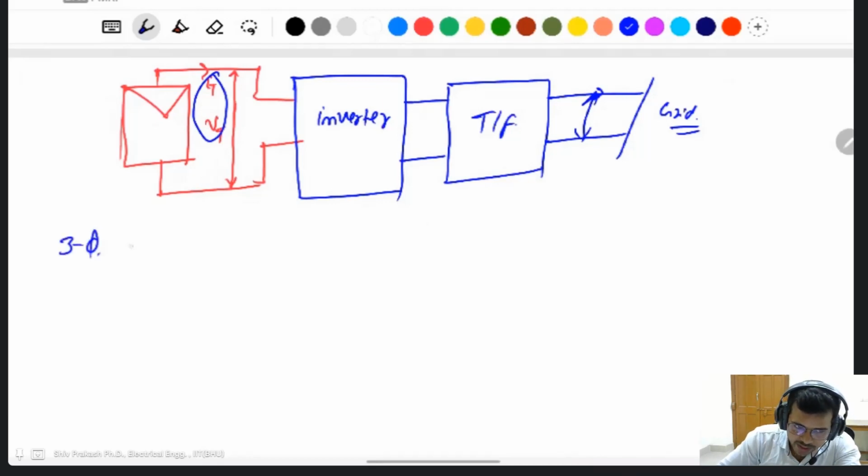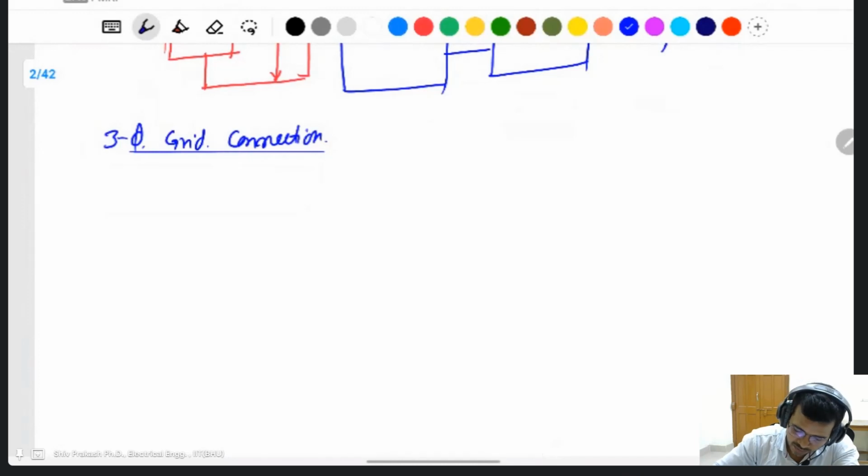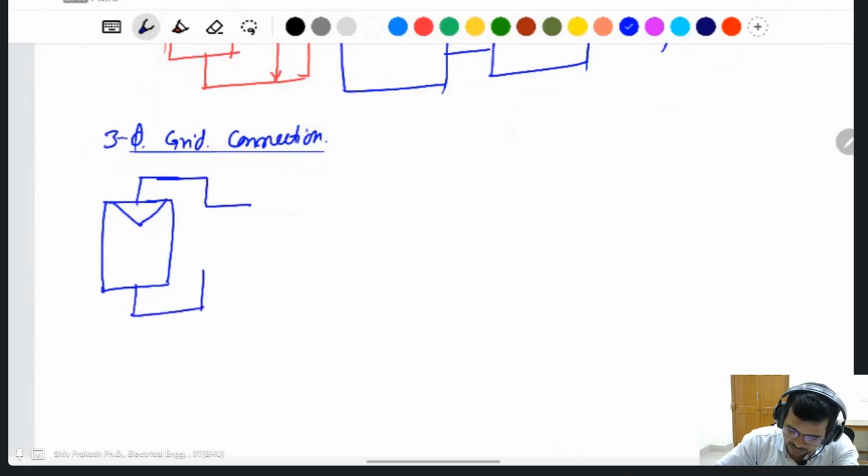Now we talk about the three-phase grid-connected system. First of all, we have a PV panel with some voltage Vt and current It.